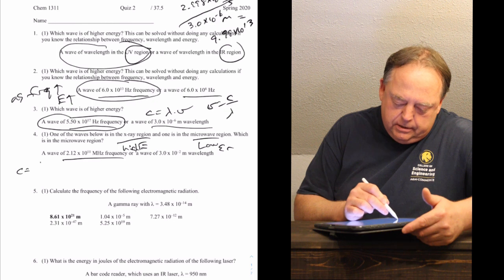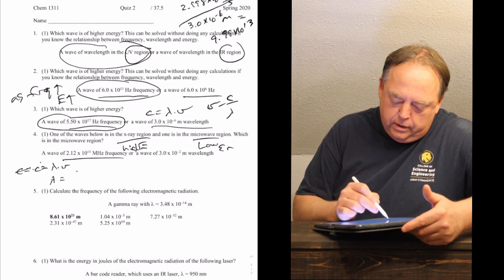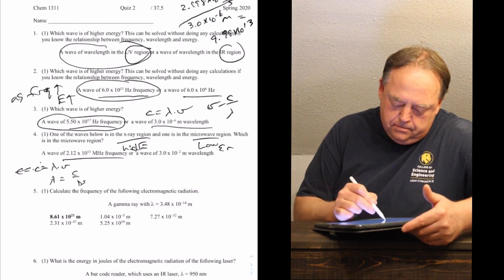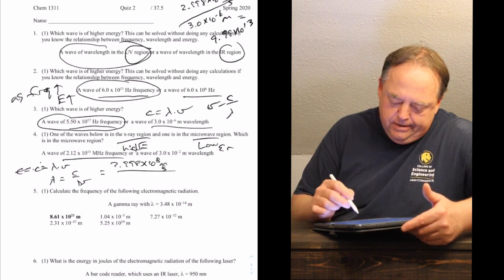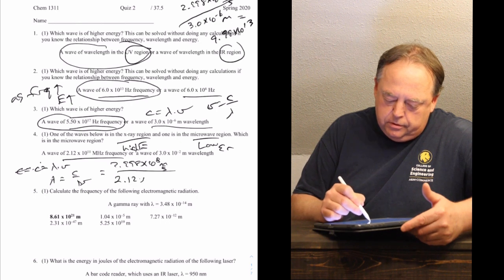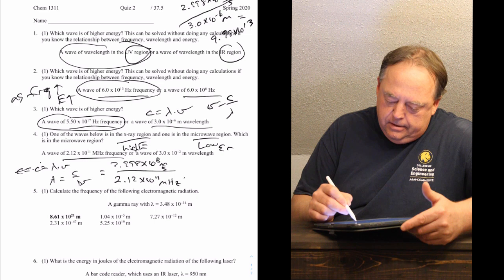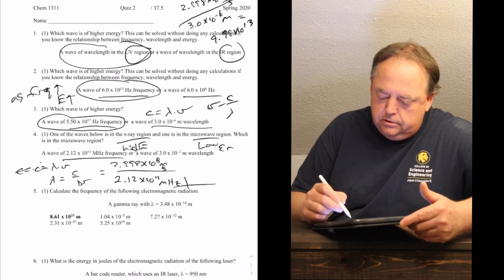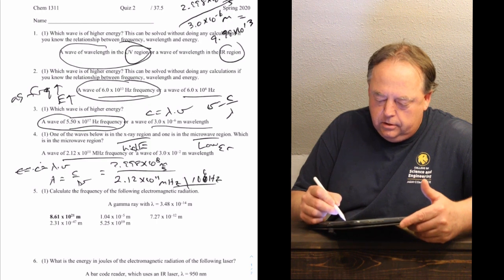Speed of light is equal to wavelength times frequency. If we solve that for wavelength, 2.998 times 10 to the 8 meters per second divided by the frequency, 2.12 times 10 to the 11 megahertz. And then there is 10 to the 6 hertz per 1 megahertz.